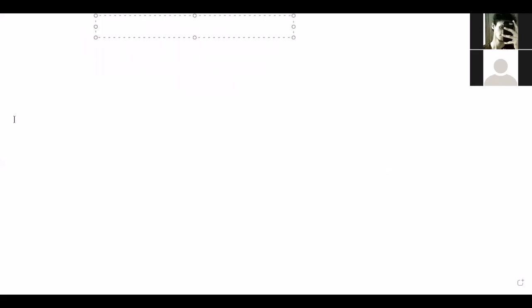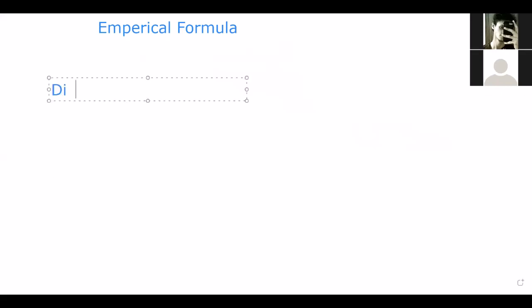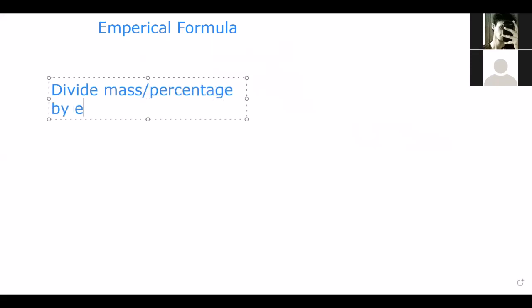Next topic is the empirical formula. The empirical formula is the simplest ratio between the elements of a compound. Now to find the empirical formula, we will first divide the given mass or percentage by the element's atomic mass, not molecular mass.